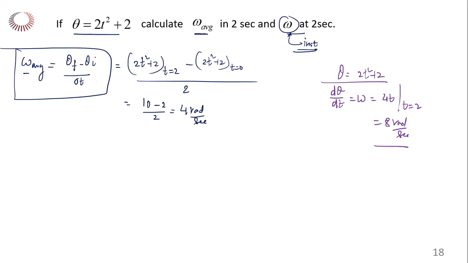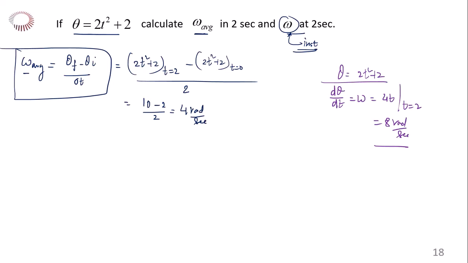So whenever you are asked to calculate simply omega, that means it is instantaneous. If you are asked to calculate the average, it should be clearly mentioned in the question. If I want to calculate the average quantity, then I have to mention it clearly. If nothing is mentioned, every time you assume that it is instantaneous.